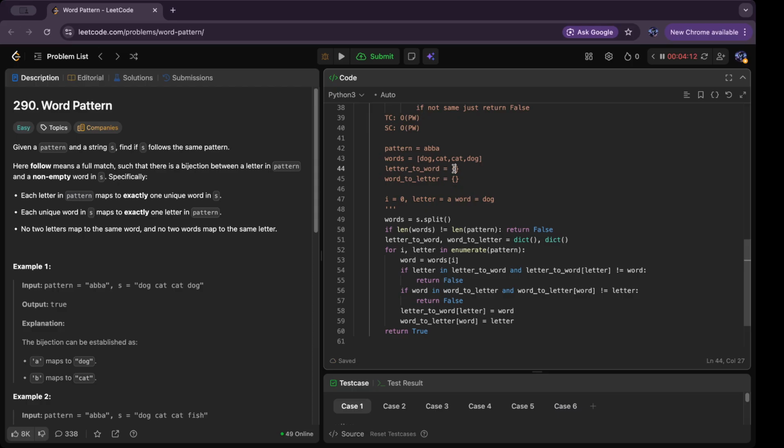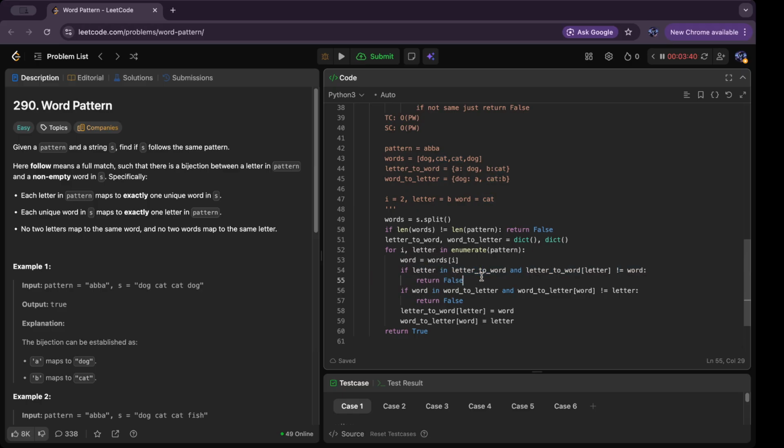Okay, so then map A to dog. Then B, cat, map B to cat. And then index 2, B is cat.